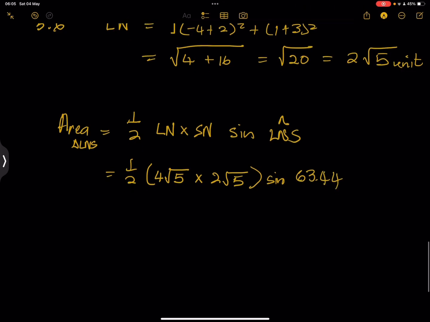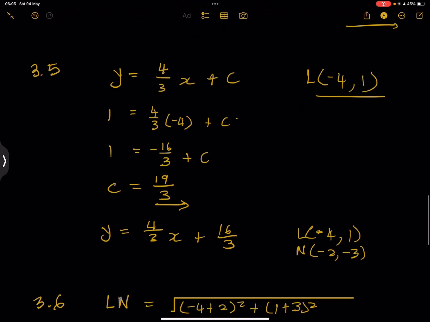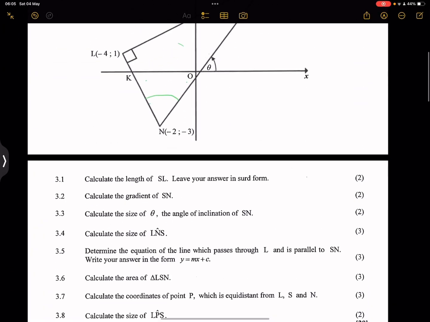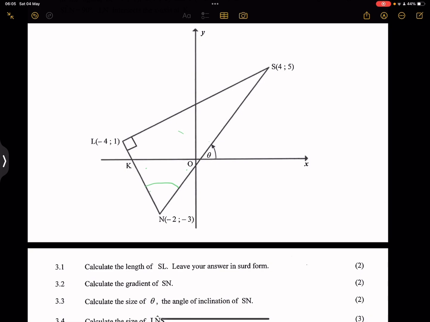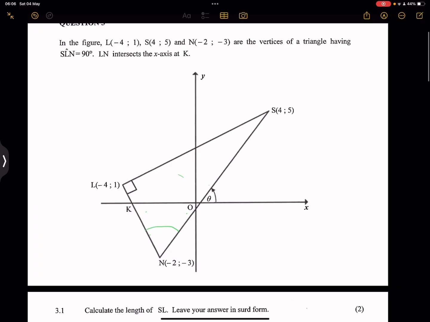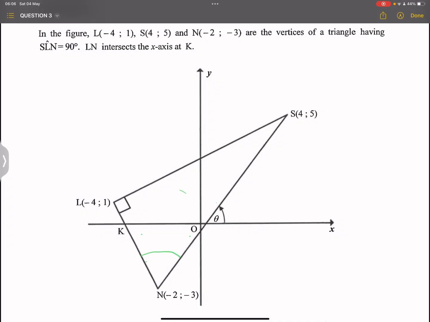Okay, so you could have also found the length of SL, right? And in that case, in fact, we already had, let me just make sure that I am correct there. No. Actually, we've got SL, which was 4 root 5, right?